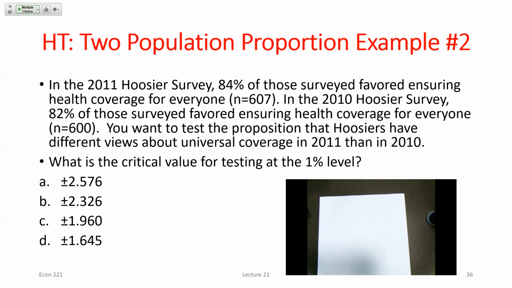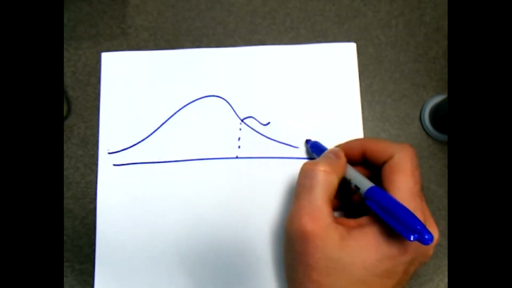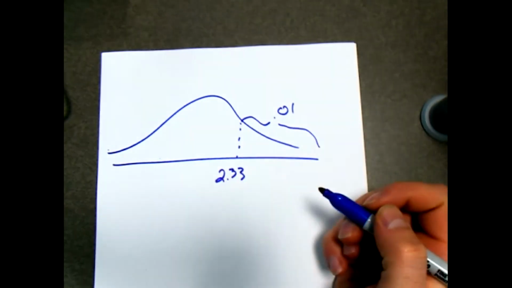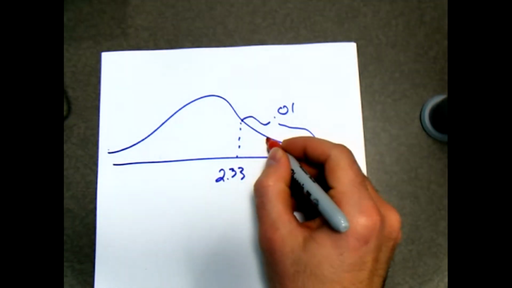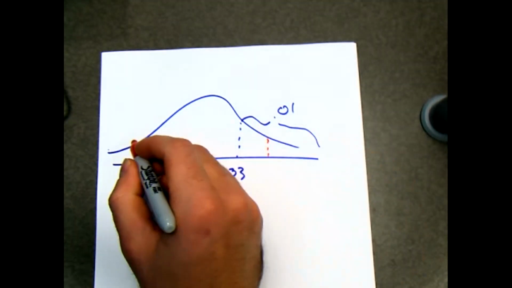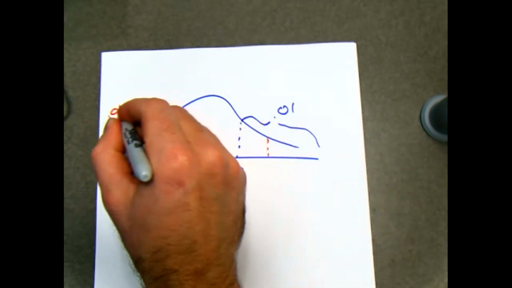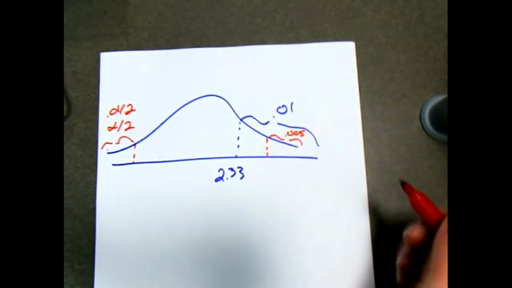Think about it this way. If I know that for a one-tailed test, to get an area of 0.01, that critical value was 2.33. When I want a two-tailed test, I want alpha over 2, right? Or 0.01 over 2. So 0.005 in each tail.